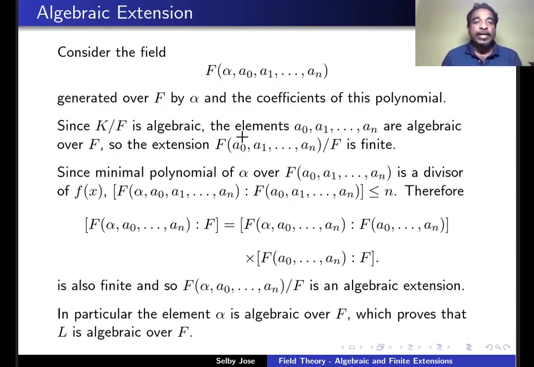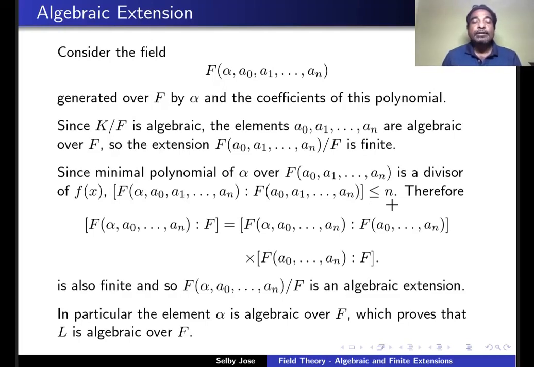Since K over F is algebraic, the elements a0, a1, ..., an, which belong to K, are algebraic over F. Therefore, the extension F(a0, a1, ..., an) over F is finite, because we have seen that a finitely generated algebraic extension is a finite extension. Since the minimal polynomial of alpha over F(a0, a1, ..., an) is a divisor of f(x), the degree of the extension F(alpha, a0, ..., an) over F(a0, ..., an) is less than or equal to n.